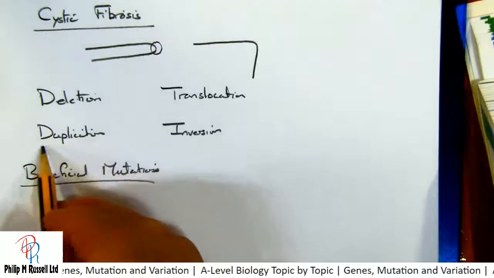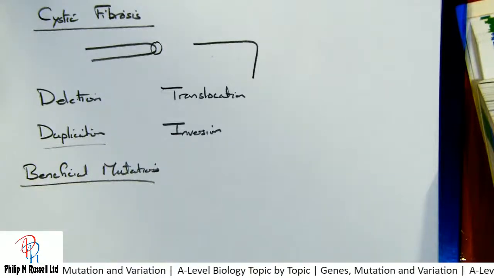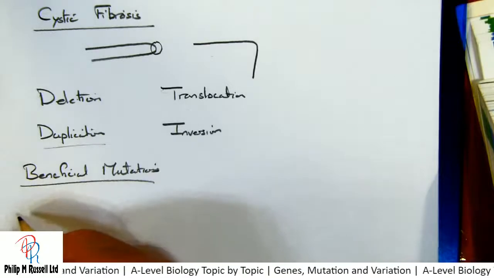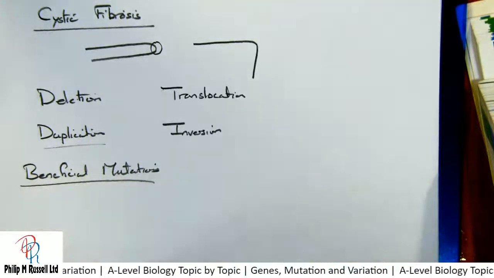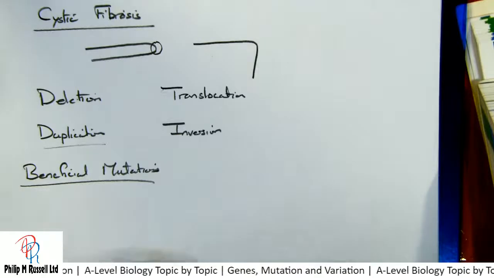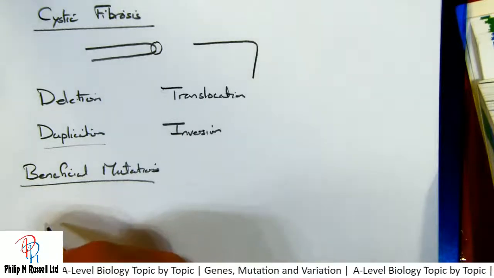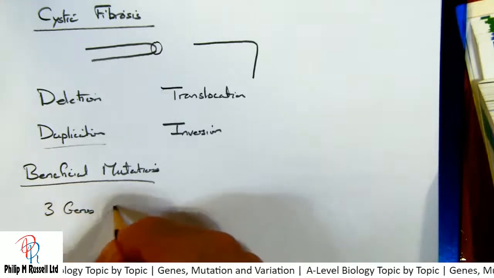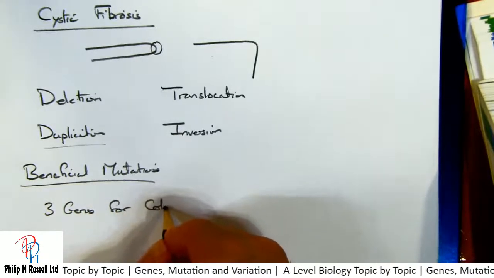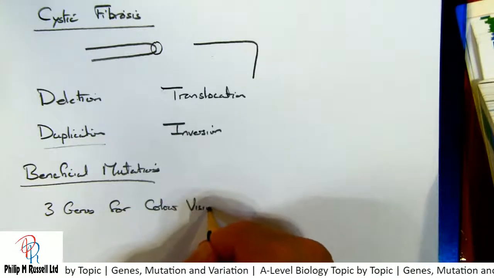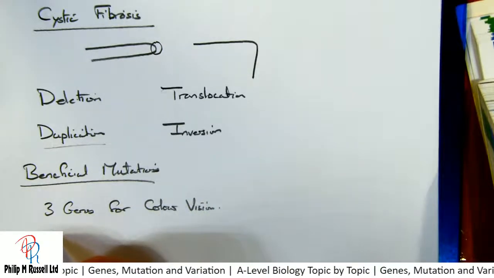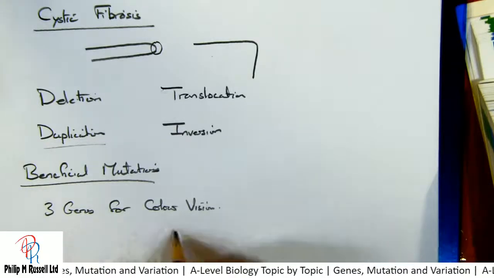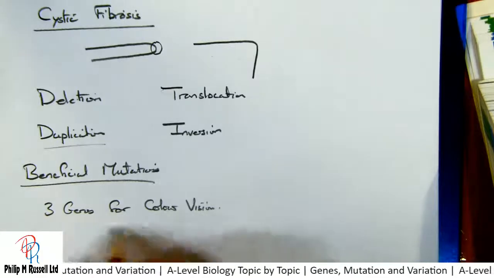Sometimes we get duplication of genes, and one of those cases is looking at someone who's got colour vision. Now, if you've got colour vision, you've got 3 genes. You've got 3 very similar genes that do very slightly different things.